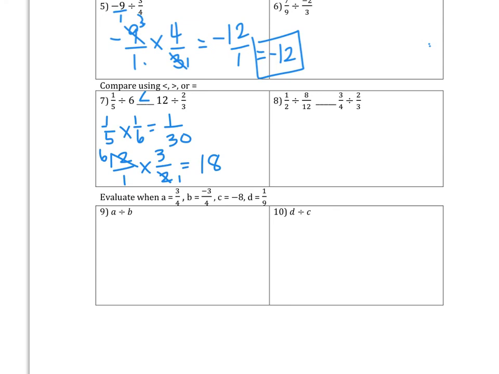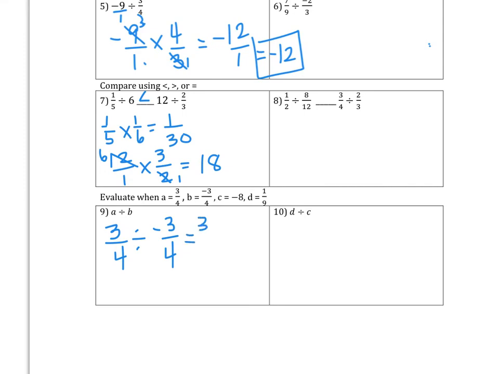Then we're going to do number 9, which means we evaluate these expressions. I need to replace my A by 3/4, so it's 3/4 divided by, and I'm replacing my B by -3/4. Then I need to solve this.